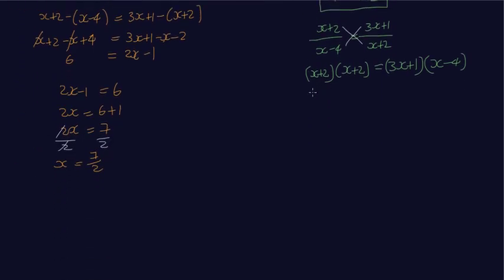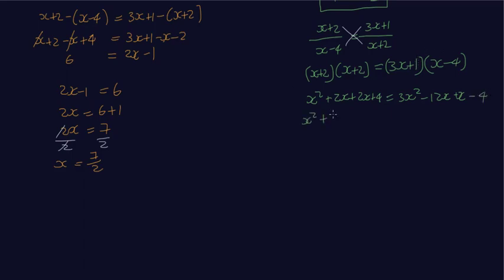And then x times x is x squared, x times 2 is 2x, plus 2 times x is 2x, plus 4, equals 3 times x, that's 3x squared, and then 3x times minus 4 is minus 12x, and 1 times x is positive x, and then 1 times minus 4 is minus 4.